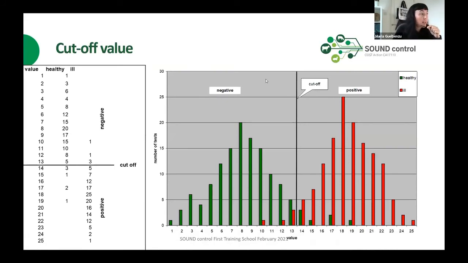So what we have here on the table, on the left-hand side, is the value of our test. And then we have the healthy population, and we can see their values in the middle column. We can see the ill population, and we can see their values. And as you can see, there is an overlap. So the population in green are the ones that are negative.